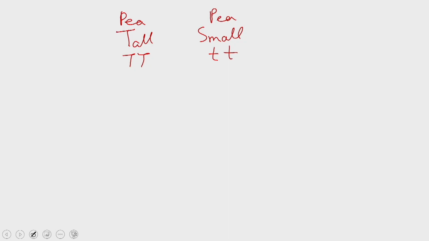The difference is that this one contains the genome, which is the XX chromosome, plus this particular tall plant contains an additional gene, which is the TT, whereas in the small plant everything is identical as in the tall plant, but what it has additionally is small t and small t, these two genes. So, the only difference between the small and the tall plant is the difference of these genes.